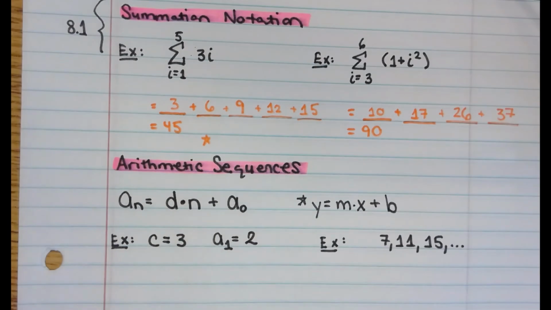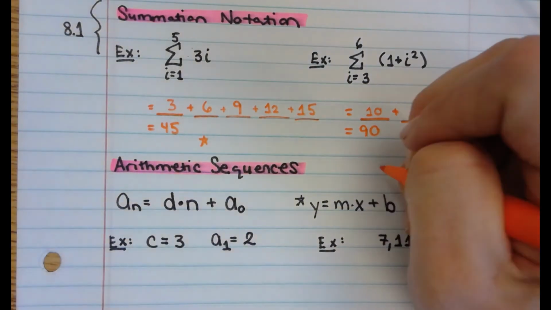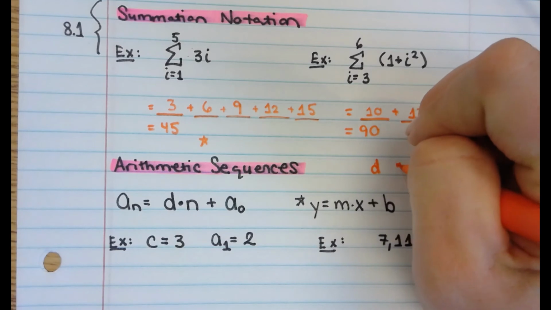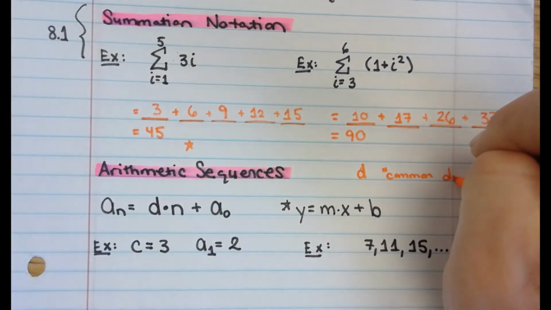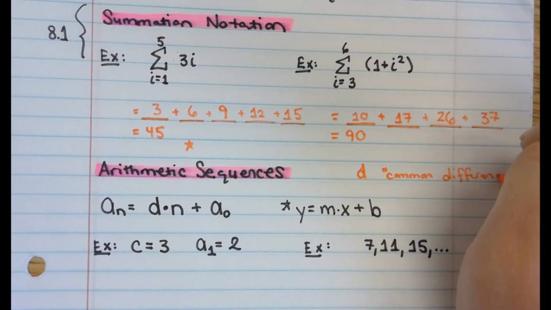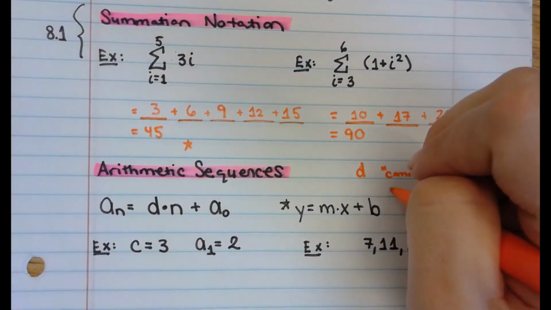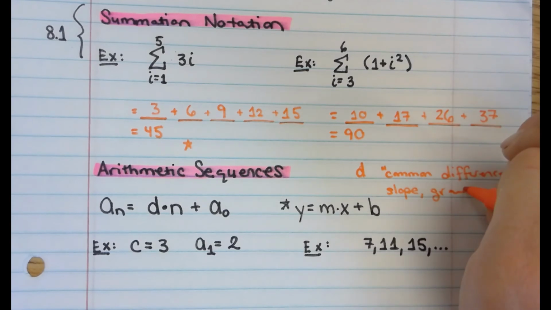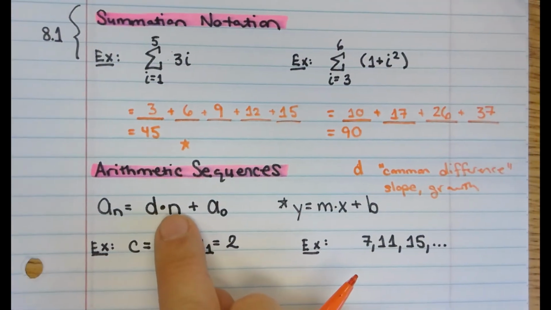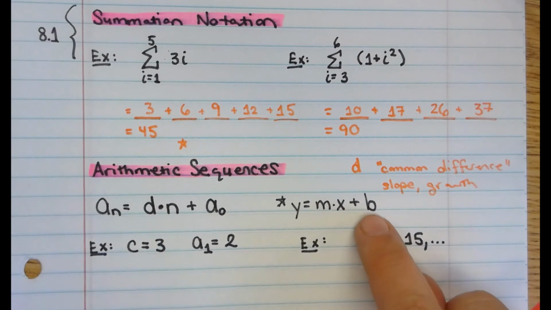So our growth is our slope. d stands for common difference, and you can also think about it as slope or growth. n is what we plug into, and the 0th term is your y-intercept.